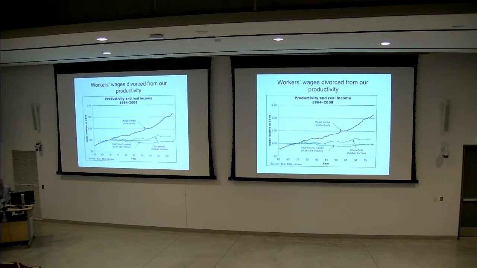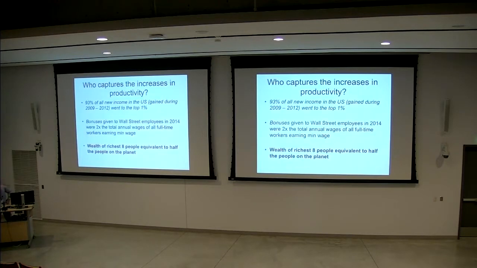But starting around the mid-70s, that relationship of increased productivity meaning increased wages became less and less clear. In fact, what you can see is that over most of the last 4 decades, the relationship is all but severed. So we are much more productive, but the workers aren't getting the money. Where's it going?